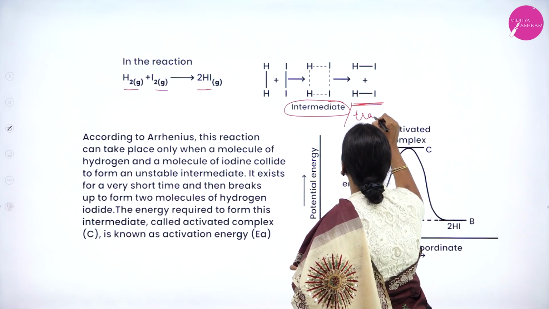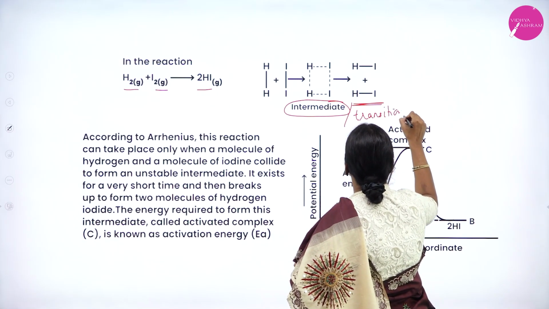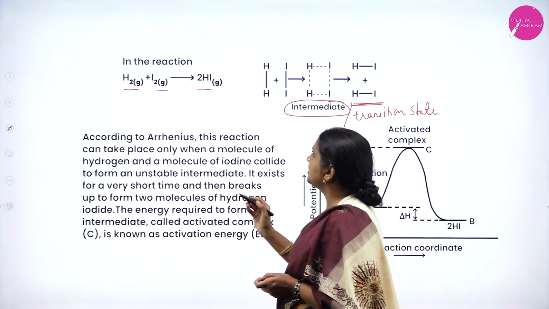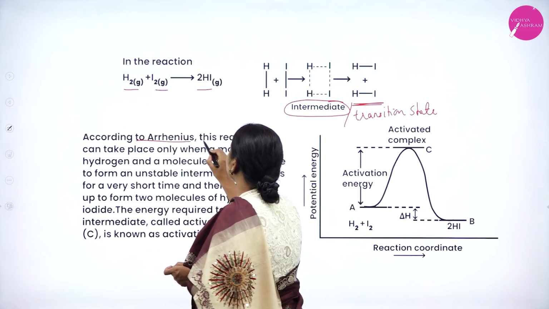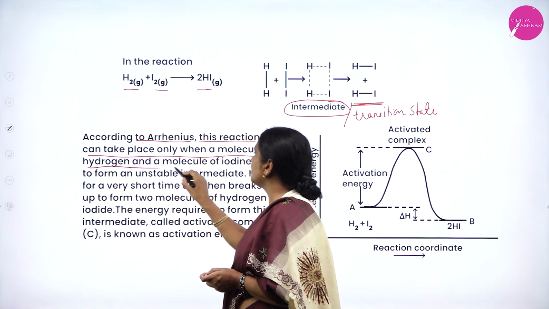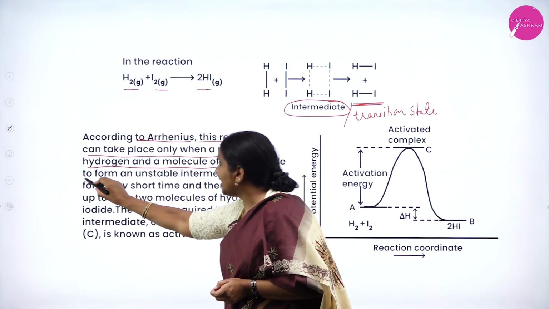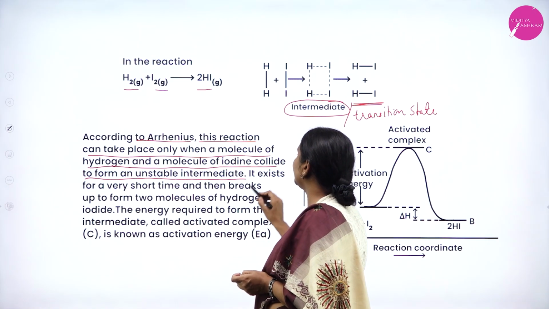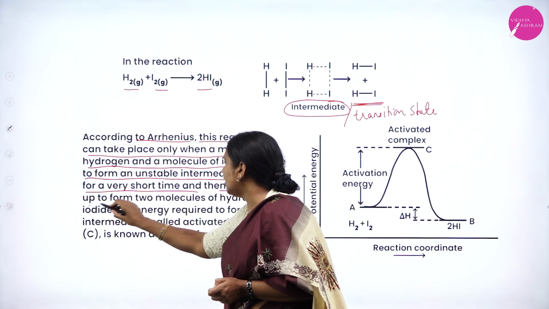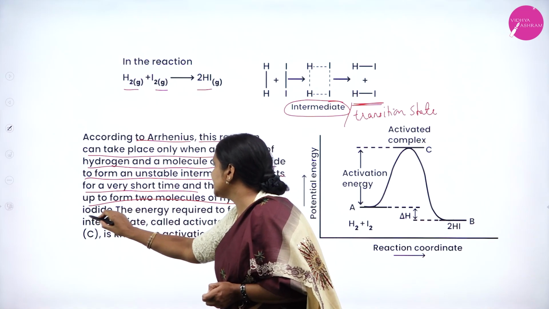Therefore, it is also called the transition state. So, according to Arrhenius, this reaction can take place only when a molecule of hydrogen and a molecule of iodine collide to form an unstable intermediate. It exists for a very short time and then breaks up to form two molecules of hydrogen iodide.